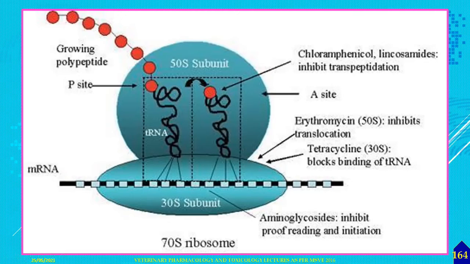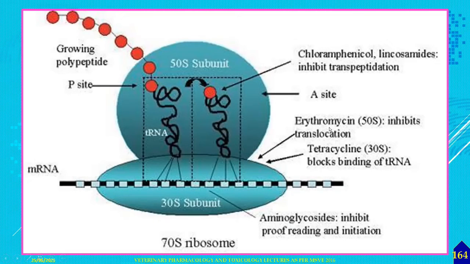Ultimately, the P site forms the growing polypeptide chain. This is the growing polypeptide chain, and drugs like chloramphenicol and lincosamides inhibit the transpeptidation process. This is the A site, whereas this is the P site. So here they are going to act.